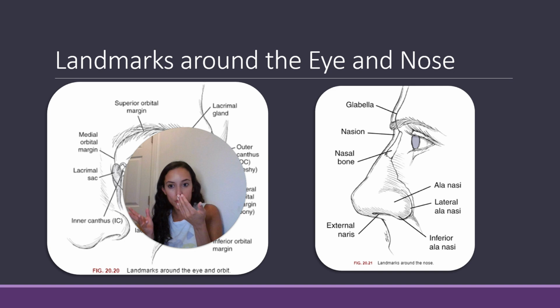You just have a hole where the nose is. It's because cartilage can decompose and not be there, whereas bone tends to be there longer. So those are your alae nasi, and then there's obviously the lateral alae nasi, and then the external nares is the hole, literally your nostril. So the lateral alae nasi, the inferior alae nasi, and your alae nasi is this entire thing.